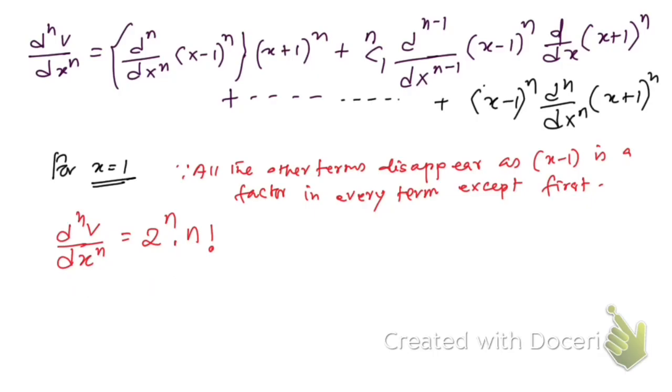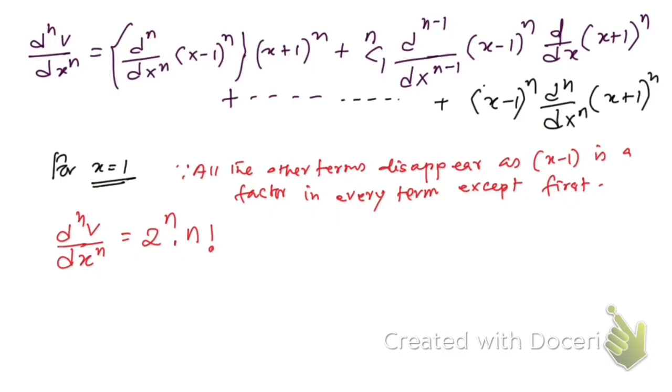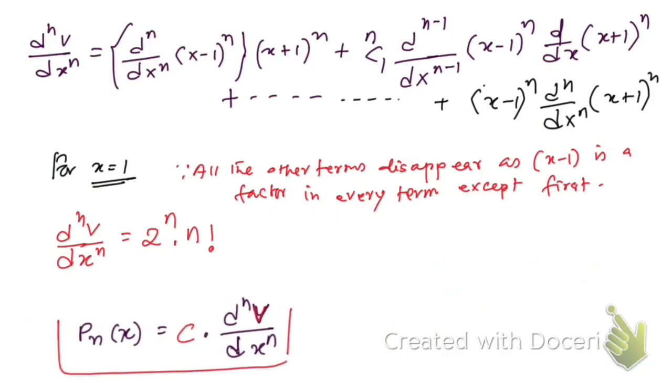Now you see, from equation number 4, what was the equation number 4? Let me go back to the equation number 4, this one. Now let me copy this equation. Here you see, this is equation number 4.